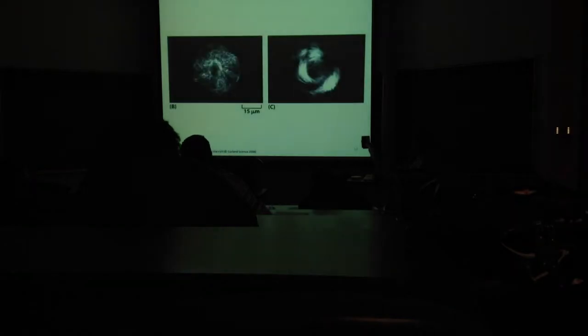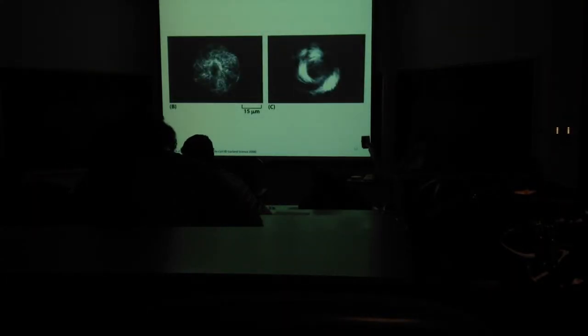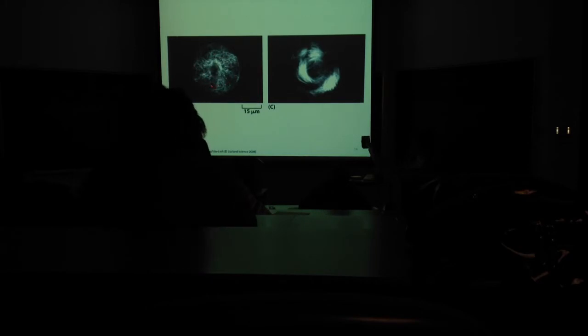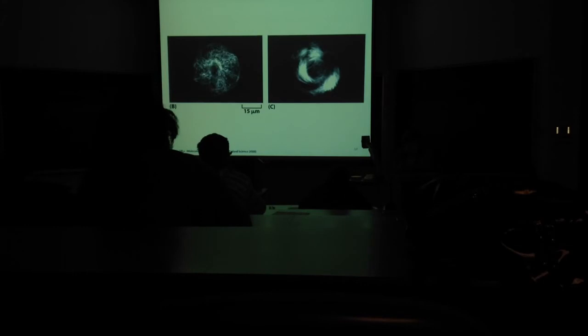Taxol is a compound that will mess up the microtubules. This is what the microtubules should look like. After this cell was given Taxol, look what happened to the microtubules. They're an absolute mess. So why do you want to mess up microtubules? Well, here's why. If you mess up the microtubules, you're going to mess up mitosis.